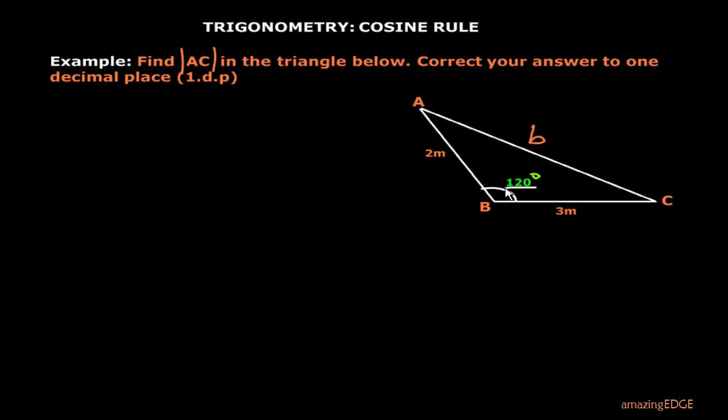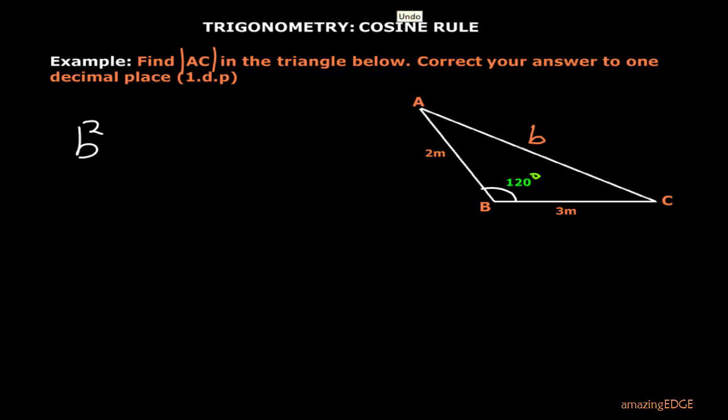So now we're going to resort to cosine rule, because cosine rule says given two sides and the included angle, it will work. In using cosine rule, remember that this side agrees with this angle. So we are going to use the second form of the cosine rule, the one that involves b squared, because the angle 120 degrees is facing side b.